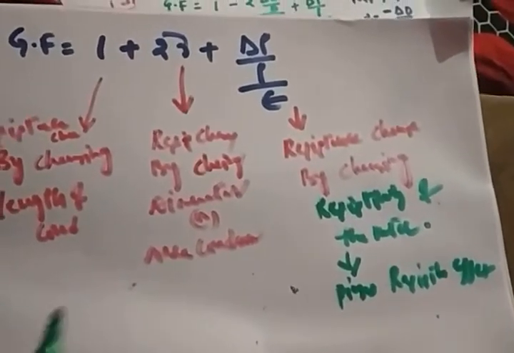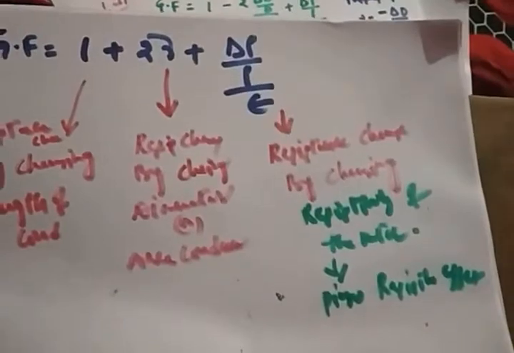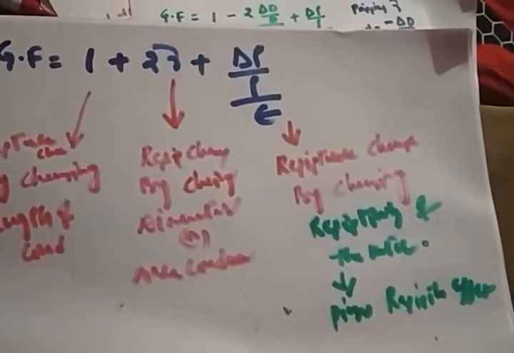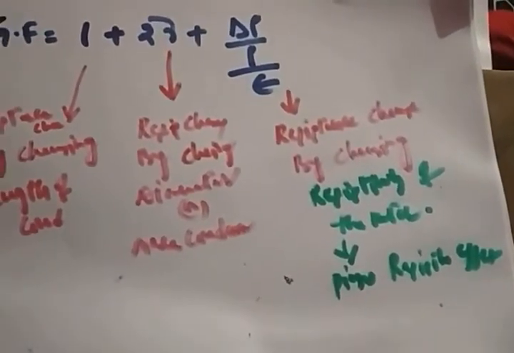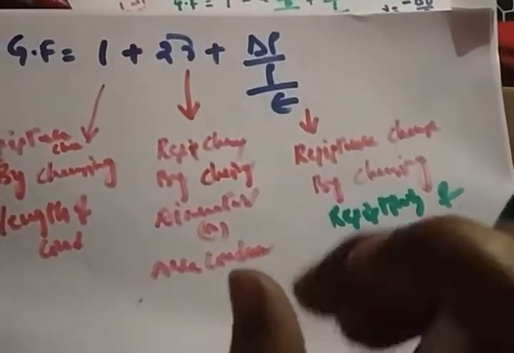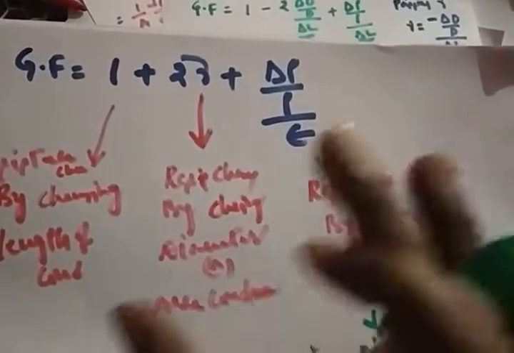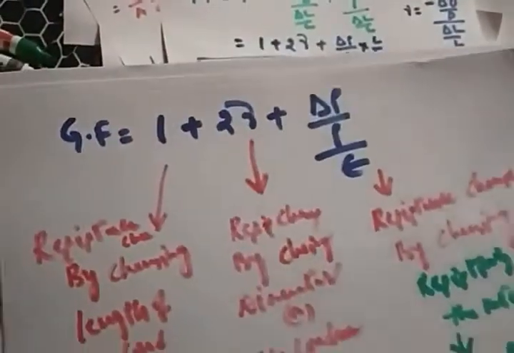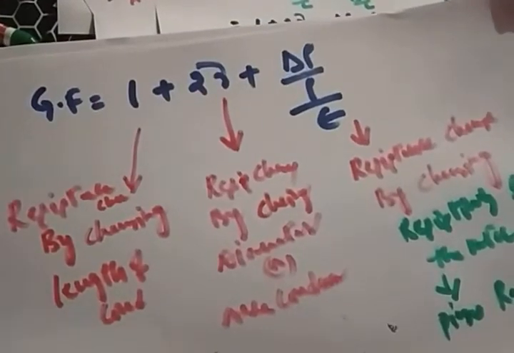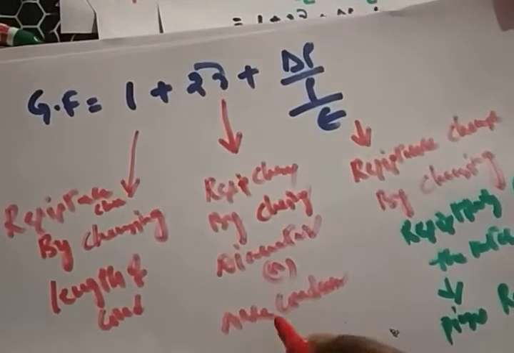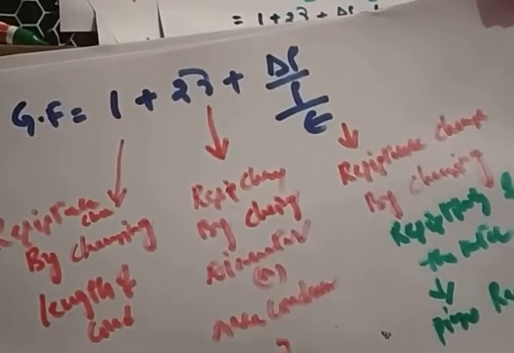In some cases we should neglect this resistivity term. Basically we can assume that all the materials you are having have equal resistivity, so that's why we need to neglect this resistivity. Then the gauge factor formula becomes 1 plus 2 gamma.